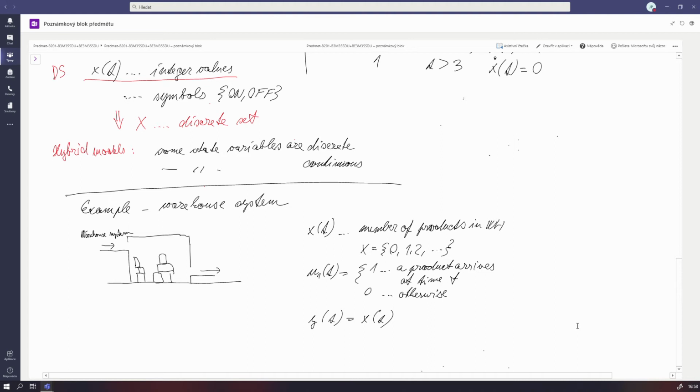Whereas the departures can be represented as a second input variable, where it is 1 when a truck arrives, which means departure of the product, and 0 otherwise.